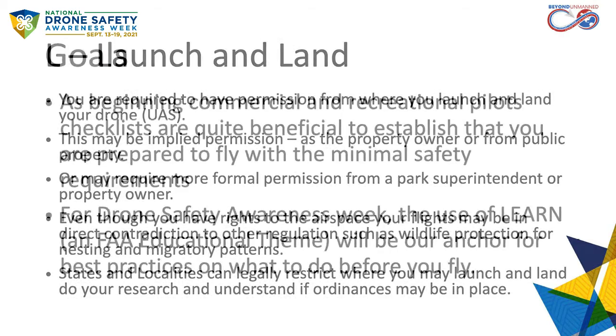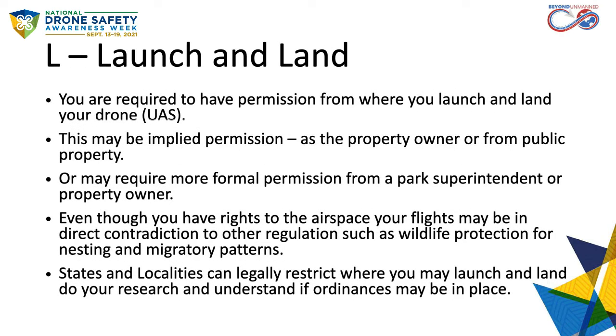So with L, we have launch and land. One of the things we must be cognizant of as a pilot is that we need to have permission in order to launch and land our drone. Now, this is completely different than having airspace authorization, which we have in most cases, but it is implied that as a property owner or from public property in most cases, we have permission to fly.